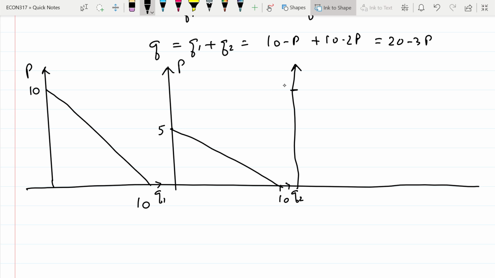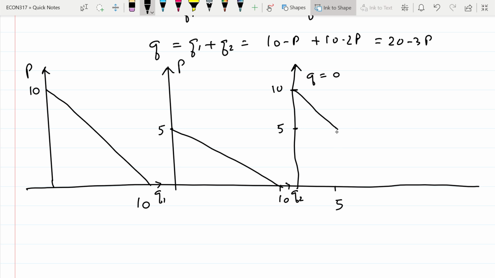For price above $10, both these buyers buy nothing, so Q is 0. For price between $10 and $5, only buyer 1 is participating. So the market demand for the price between $5 and $10 is the demand of the first buyer.